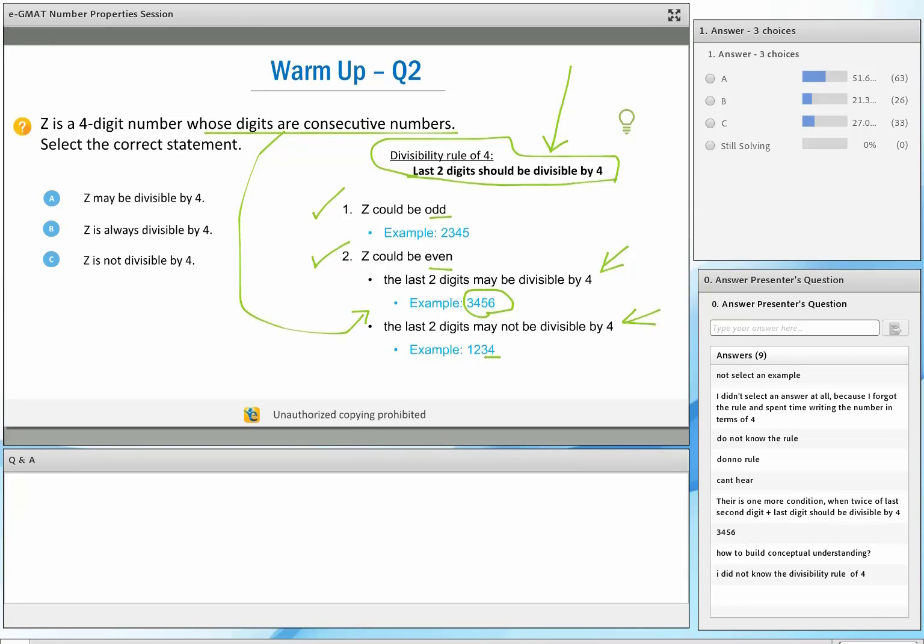So look at how your conceptual understanding and your ability to approach the question while applying these process skills, all of that comes together for you to be able to solve the question in the right manner. Okay, and that's why it's your conceptual understanding and your ability to apply process skills.